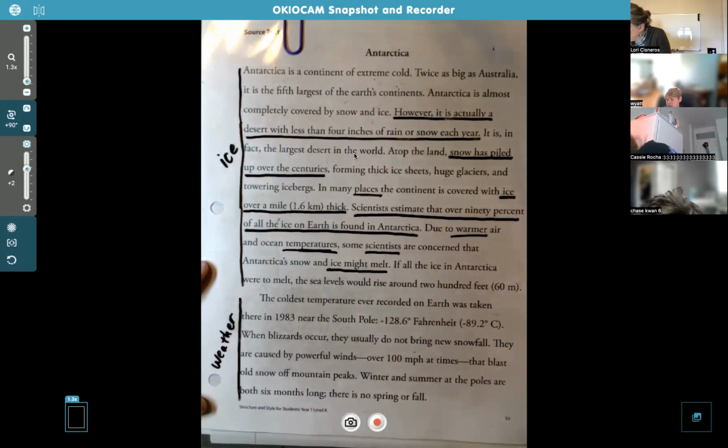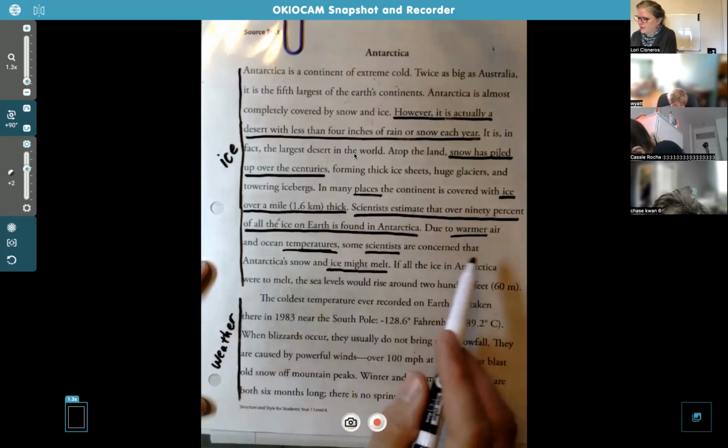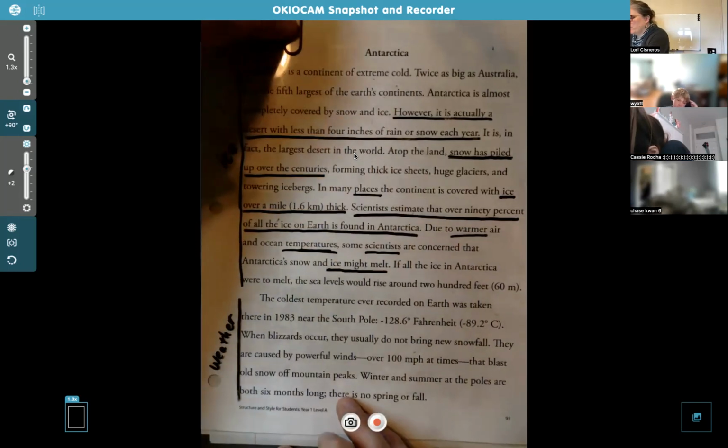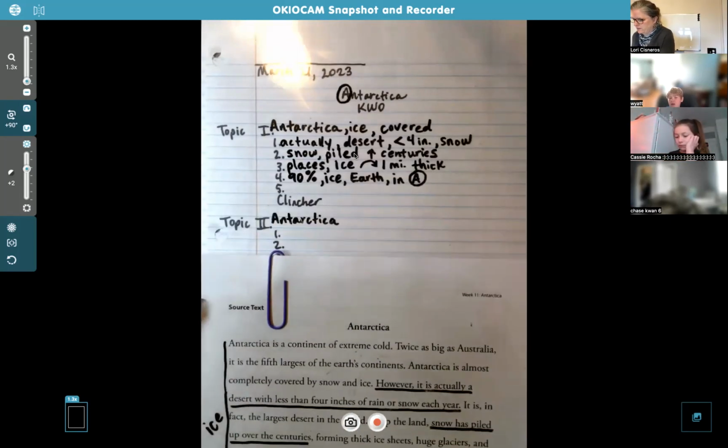Let's see. How can we turn that? What do you think, Wyatt? How can we take that fact right there about warmer temperatures? The scientists are worried about warmer temperatures and that the ice might melt. How can we put that in our keyword outline here? I think we could do warm like a symbol. Remember how we did it like a thermometer? Yeah, like a straight stick with a little circle at the bottom.